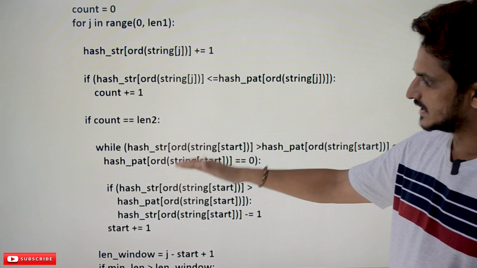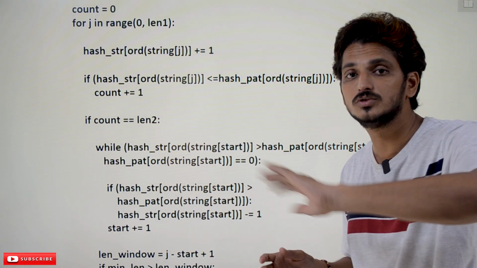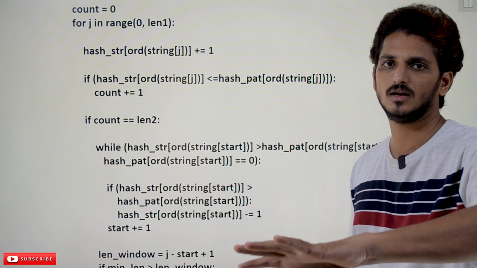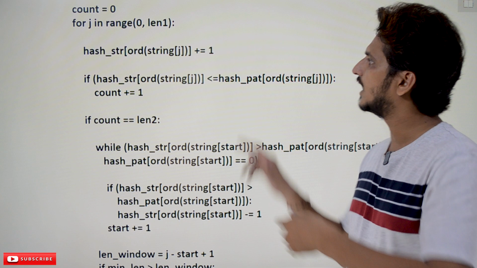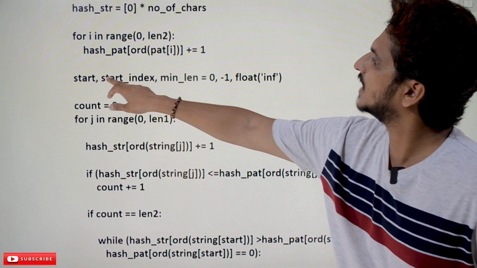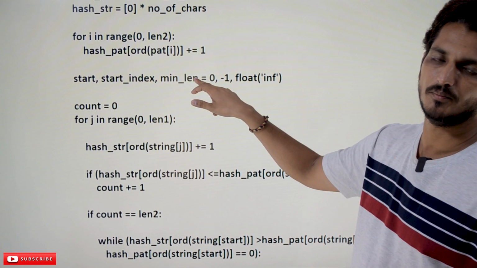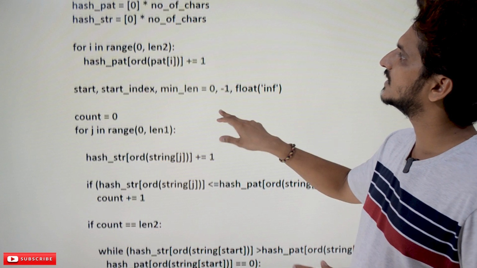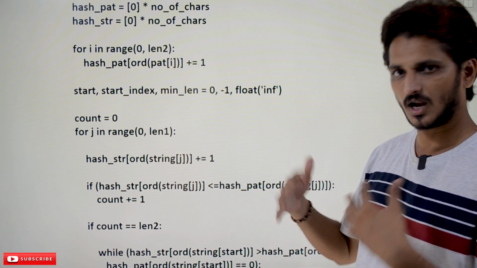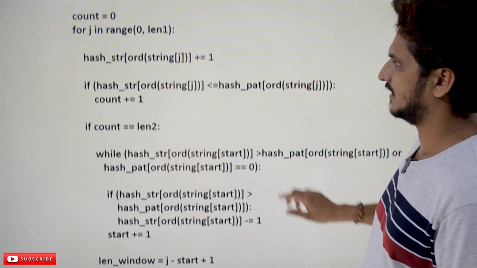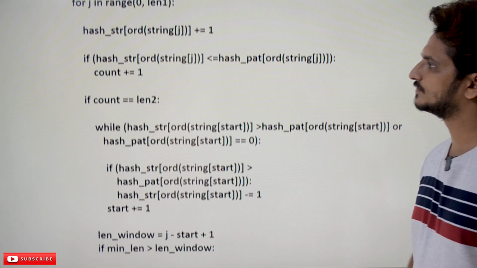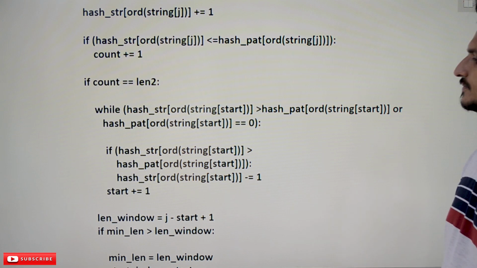Whenever this condition is satisfied, we try to reduce the string. For that we are going to take variables: start index and minimum length. Based on the values present in the array, the ASCII values, and the conditions, we identify the minimum length. So this is what the code does.